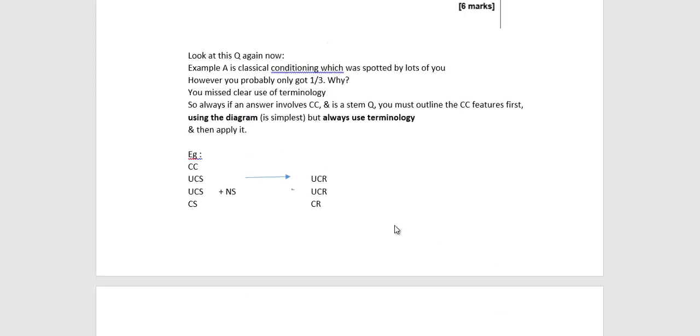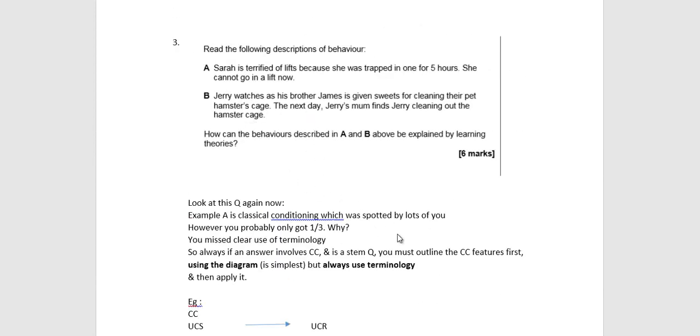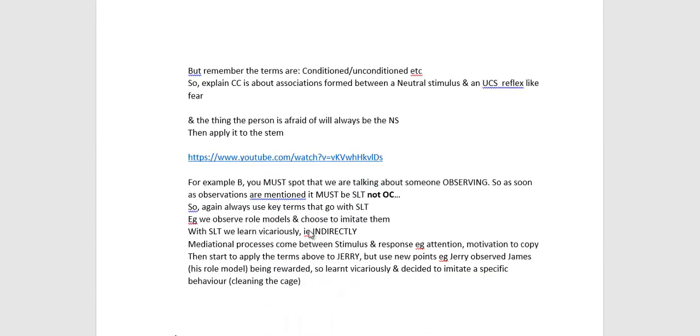The second example, B, Jerry watching his brother and so on and so forth. First of all, you've got to spot that we're talking about observing. And as soon as you talk about somebody observing, it's not just operant conditioning, it's going to be social learning theory. So there are hints there. Again, let's use the key terms that go with SLT.